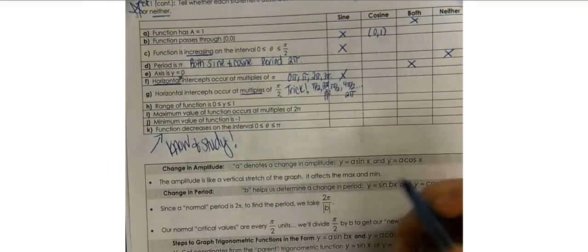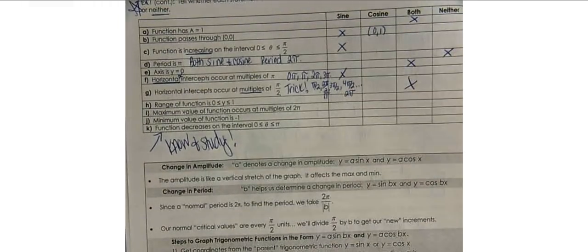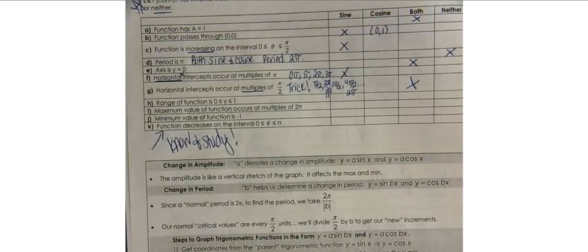So in this case, it's both, because the x-intercepts happen at pi over 2 and 3 pi over 2 for cosine, and pi and 2 pi for sine. So in this case, this is actually a trick. So kind of look for things like that to occur.